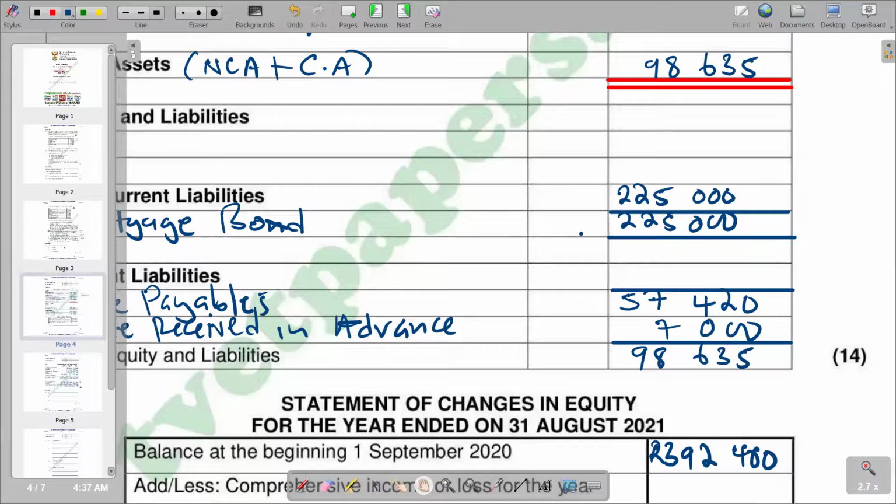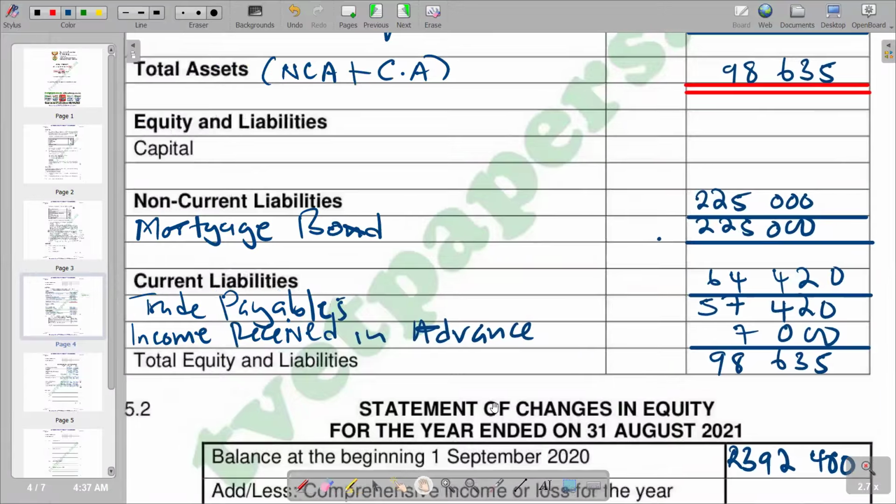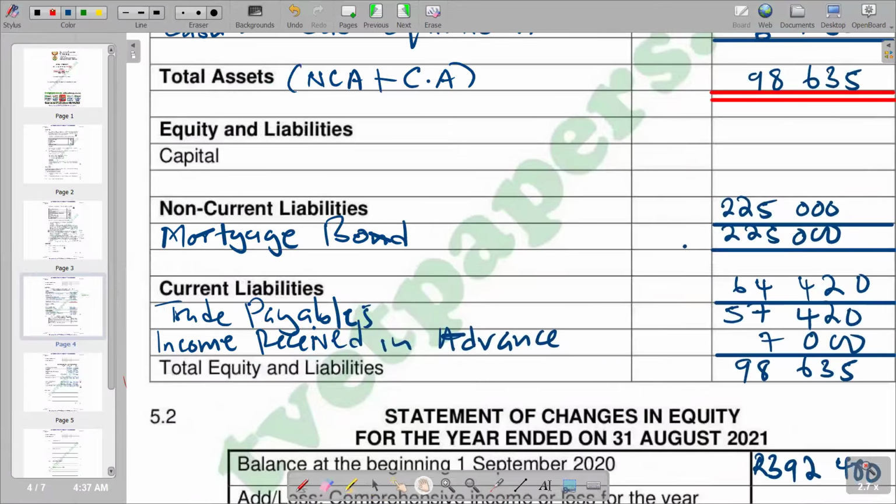If we add our 7,000 plus 57,420, you are going to get 64,420. So remember, this is our second balancing figure.